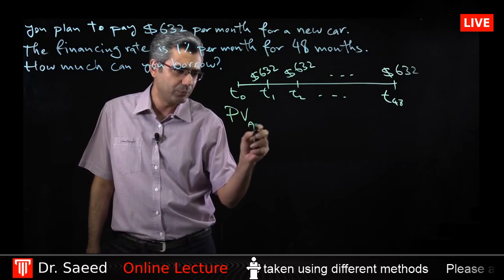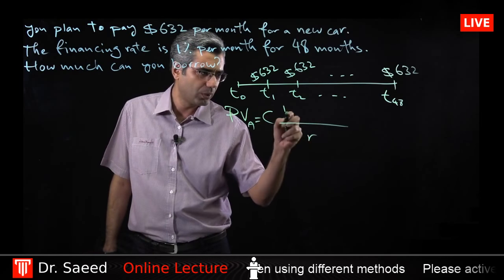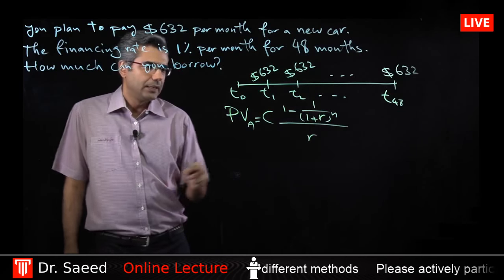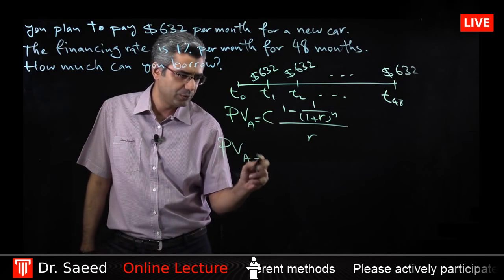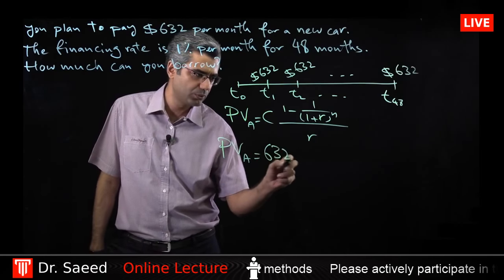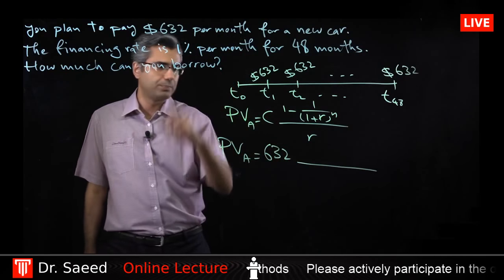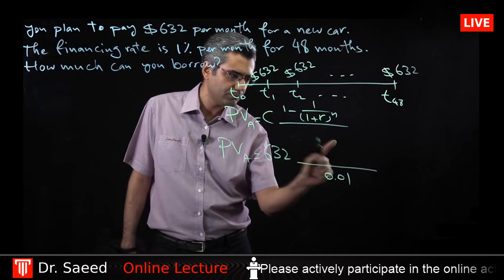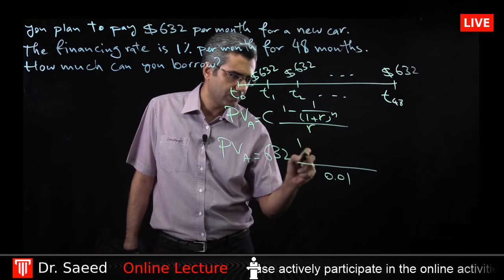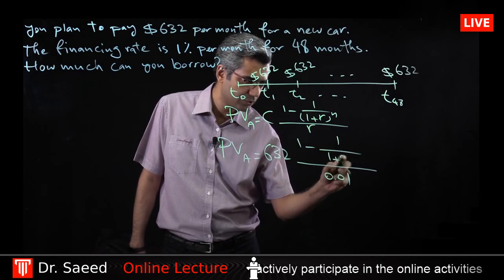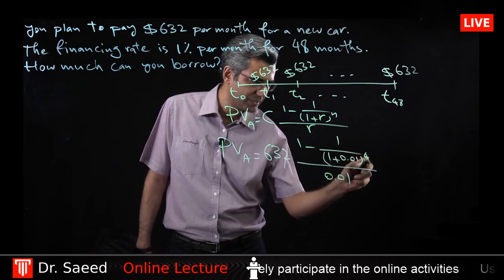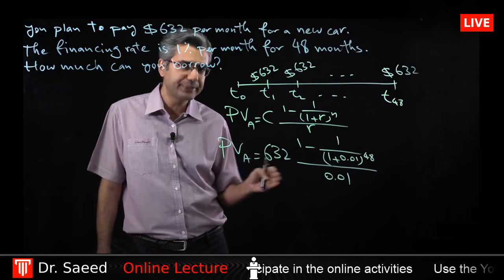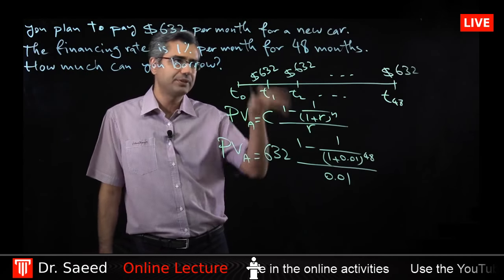Present value of annuity is C times (1 minus 1 over (1 plus r) to the power n) divided by r. And the cash flow C is $632. Interest rate is 1%, so we write 0.01. And 1 minus 1 over (1 plus 0.01), and the power is 48. Because in this formula, r is the interest rate per period. n is the number of periods, and the period here is month.